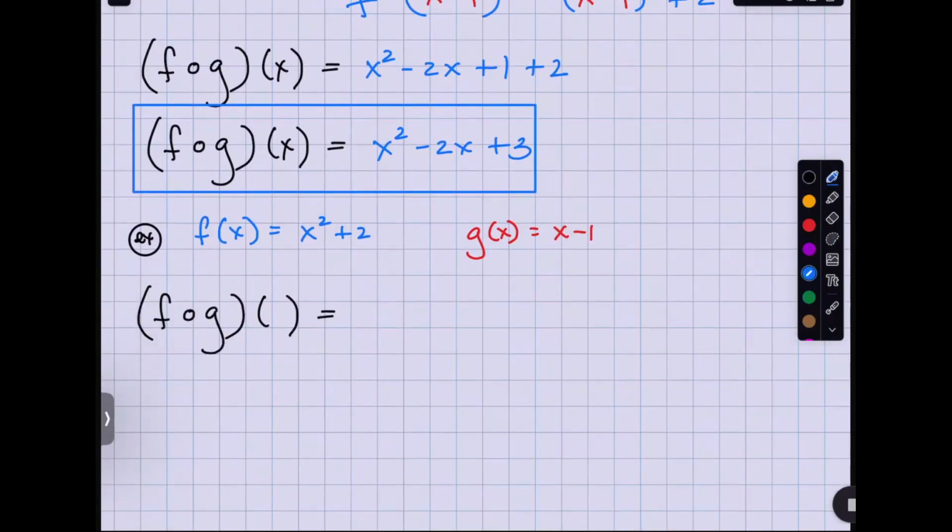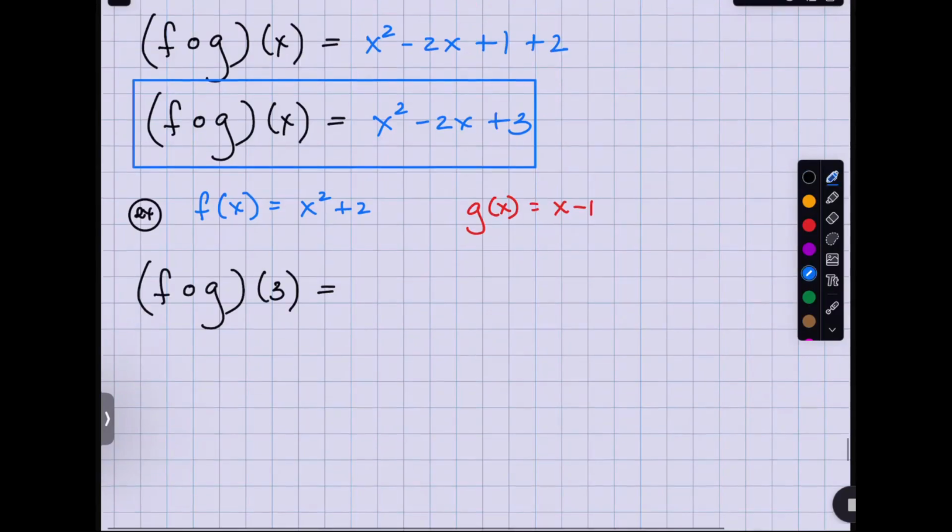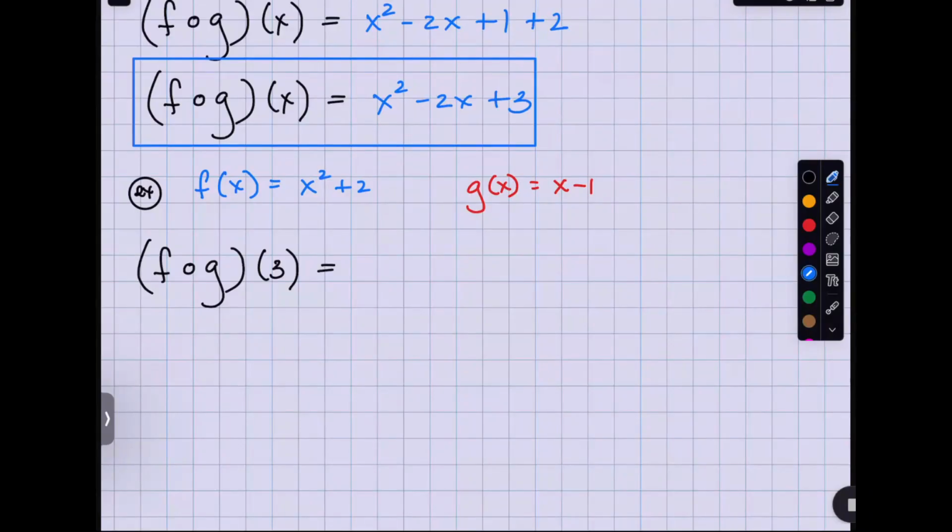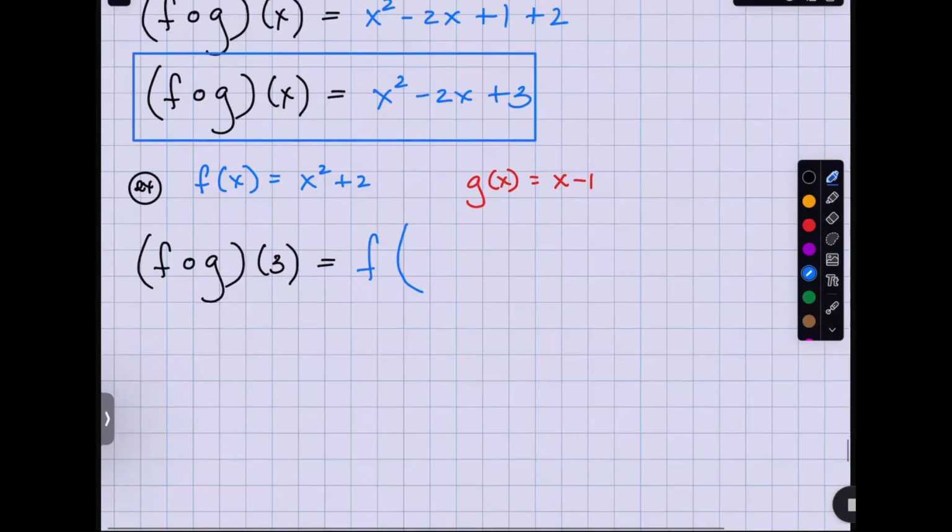But what if I said this? F composite g of 3. That means I have to find g of 3 first.